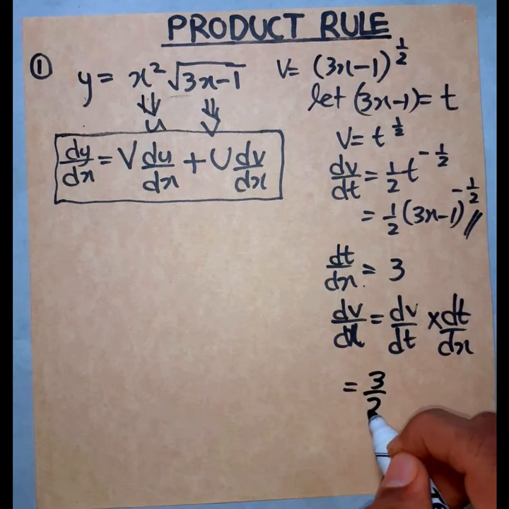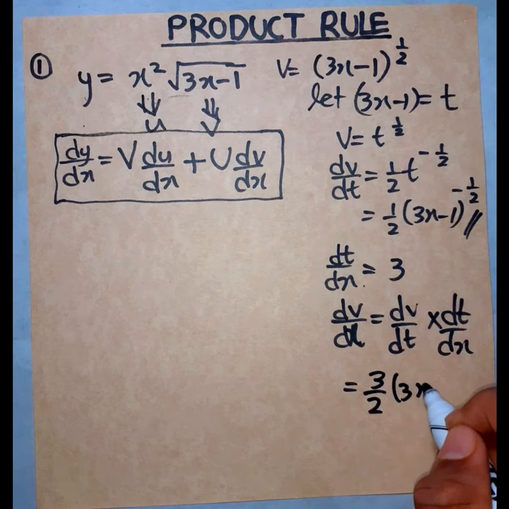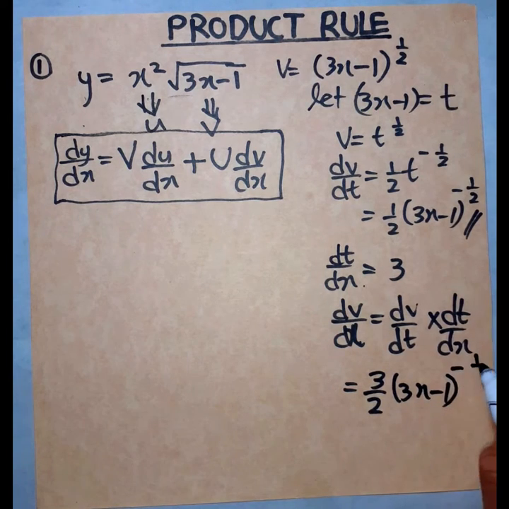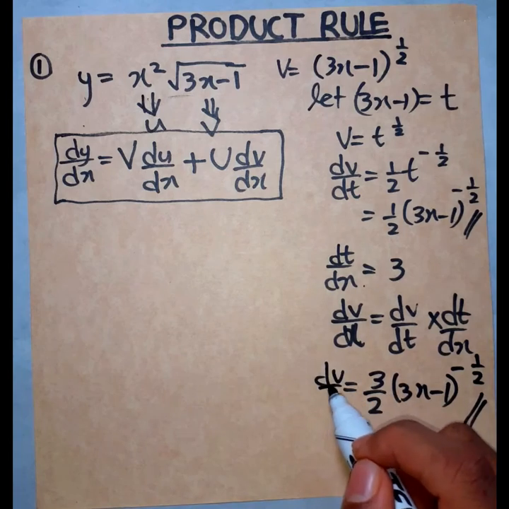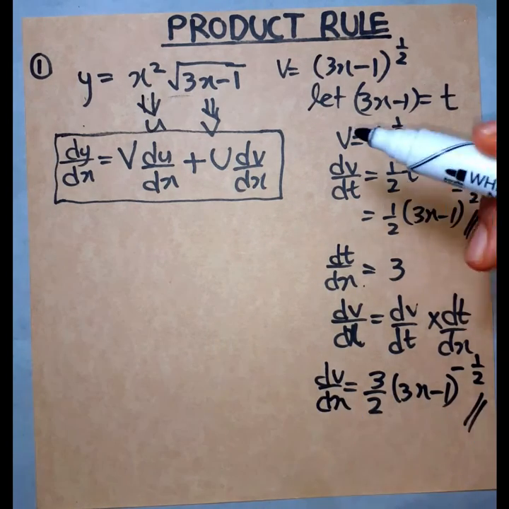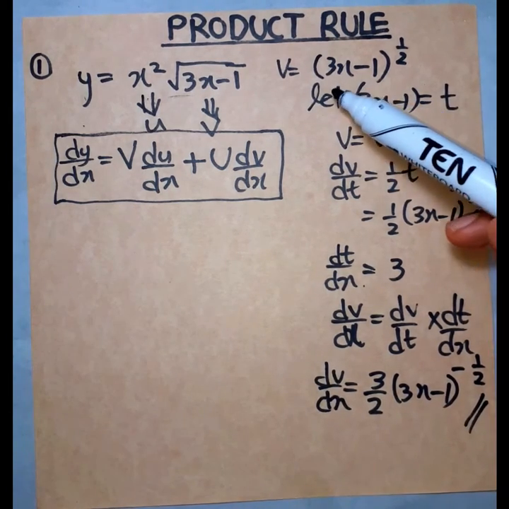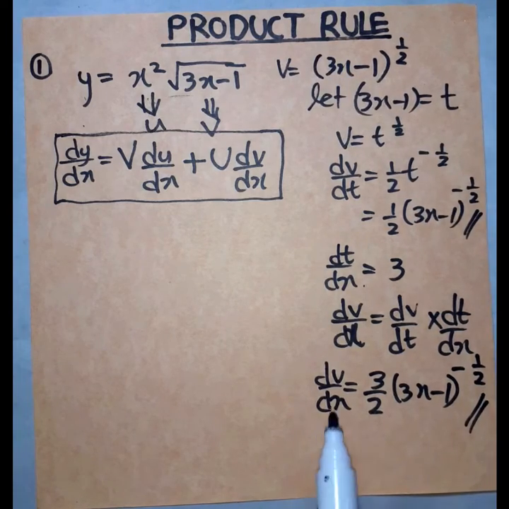So finally it's going to be 3 over 2, 3x minus 1 to the power minus half, and that is going to be dv by dx. So now we found the differentiated version of v using the chain rule.